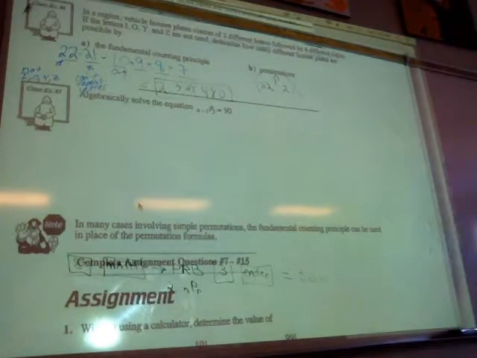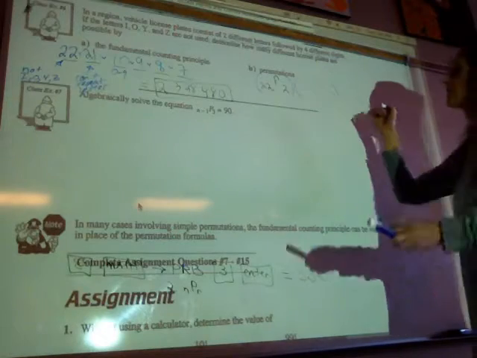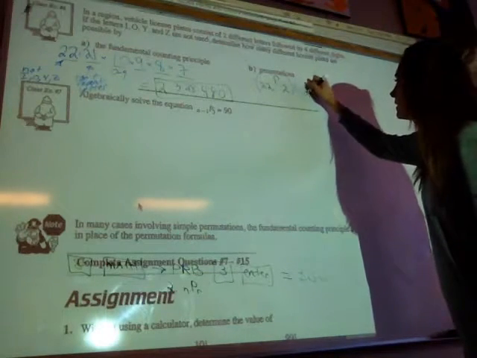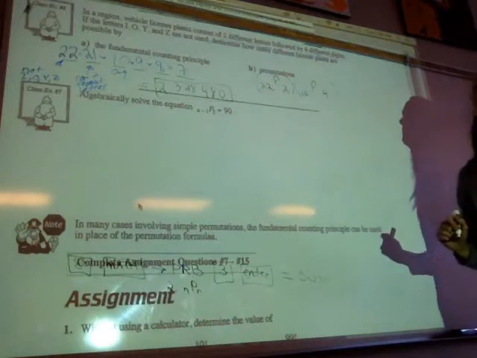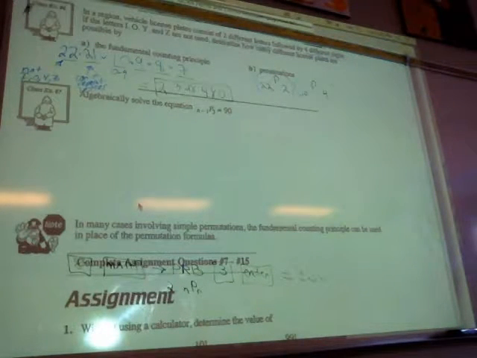Then we're going to multiply by how many digits are possible, taken 4 at a time. And then we can just calculate.